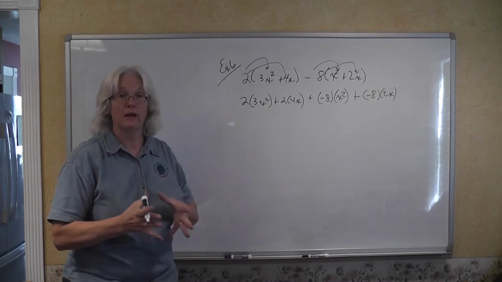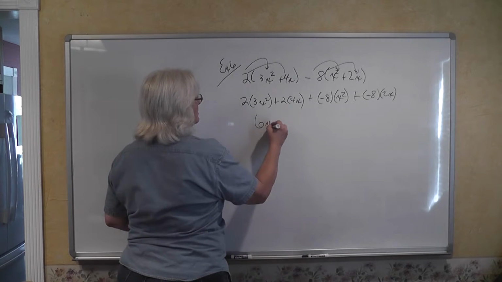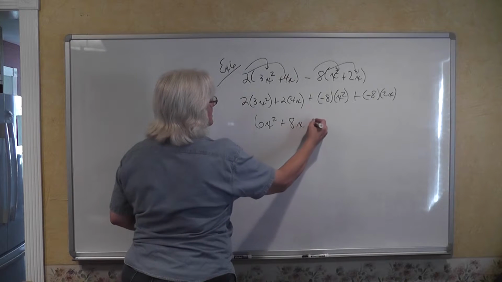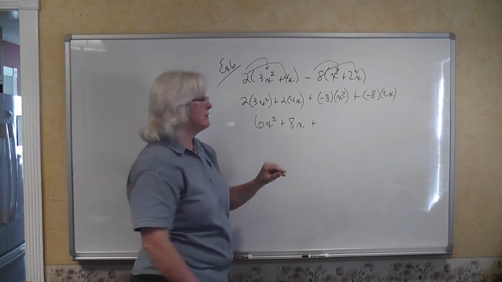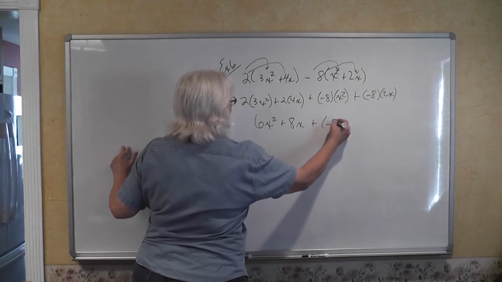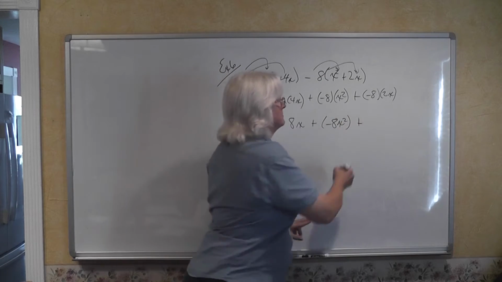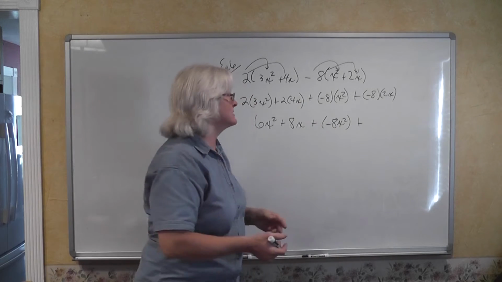Now we're going to go ahead and multiply. 2 times 3 is 6x squared. 2 times 4 is 8x plus, what's a negative 8 times x squared? It's a negative 8x squared plus negative 8 times 2 is a negative 16x.